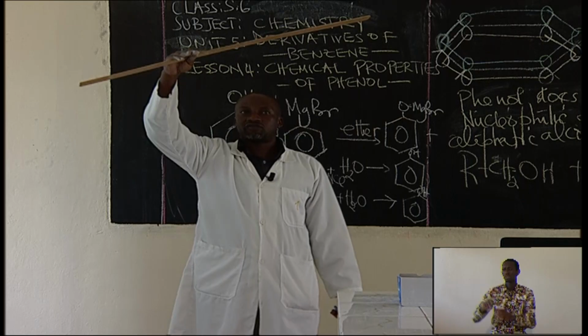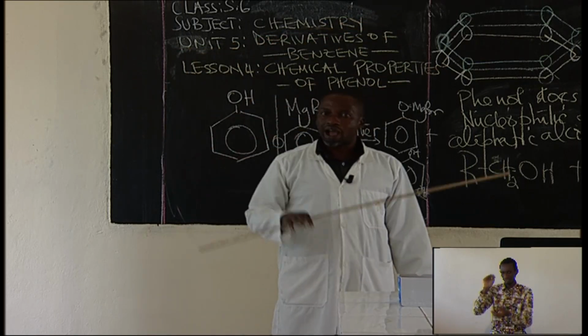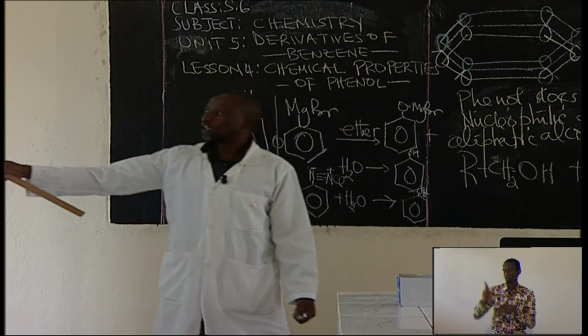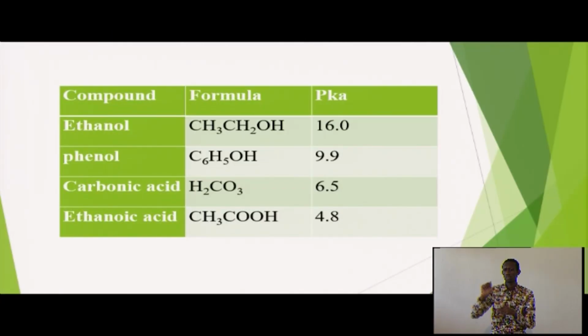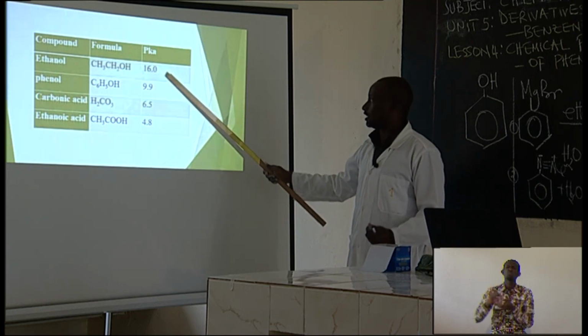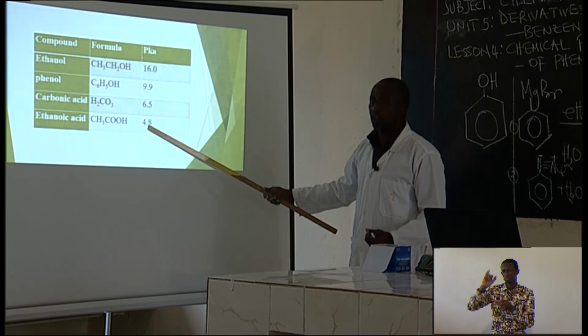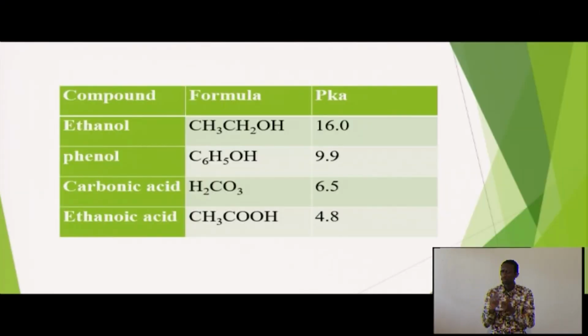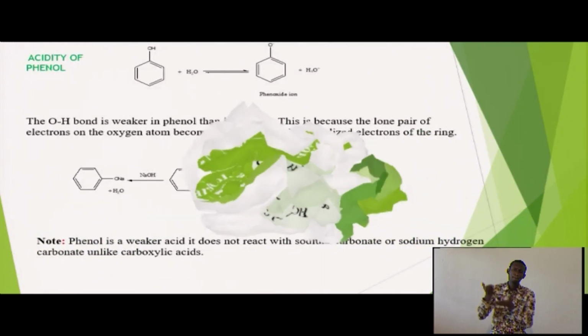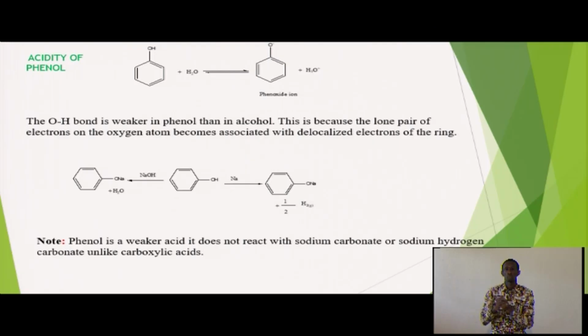Higher pKa values indicate lower acidity. So that means ethanol, with a high value, is the least acidic. And this ethanoic acid, with the smallest value of pKa, is indicating higher acidity. And this is what we are just going to explain.